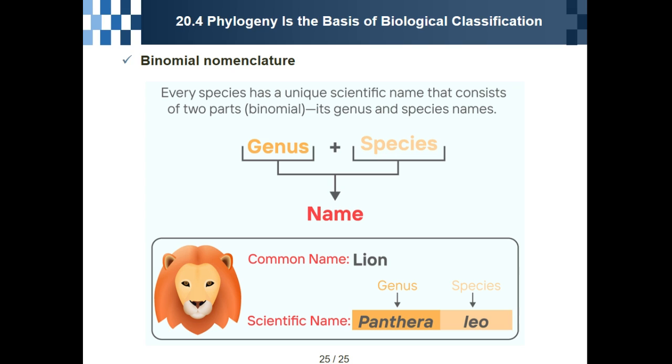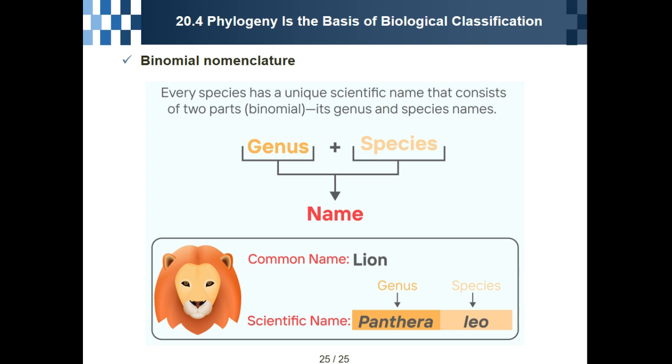So we always use binomial nomenclature. We include the genus and species. Every species has a unique scientific name that consists of two parts, genus and species. Human, we call Homo sapiens. Another example is the lion.